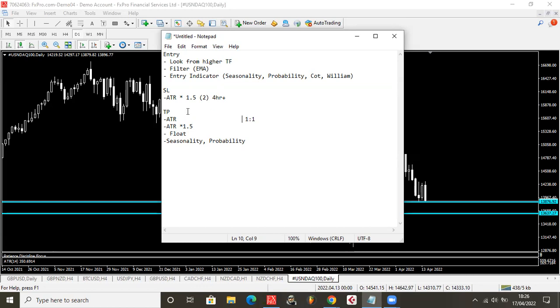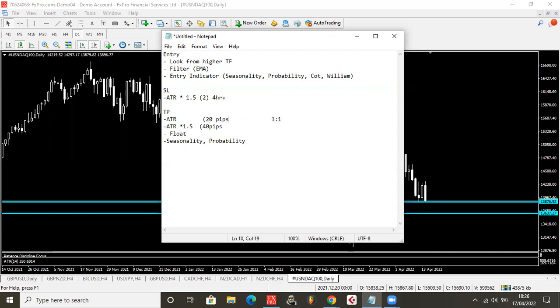So whatever the ATR tells you, that will be where your first take profit is. Now, your second take profit could be the exact 1-to-1 with your SL, which is if you did ATR times 1.5 or ATR times 2. If you did ATR times 2, for example, 40 pips, your second take profit will be 40 pips, while your first take profit would have been 20 pips.